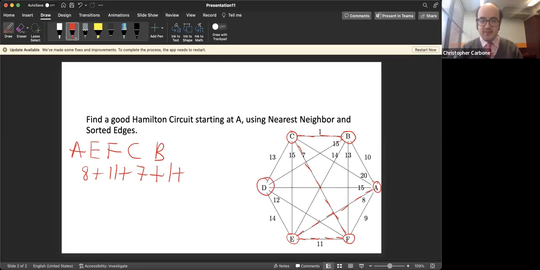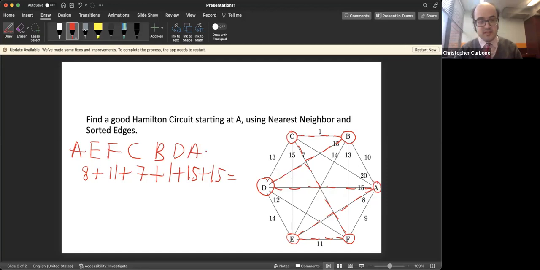And the only way that can be accomplished is going down this edge, which has a weight of 15. And then we have to go from that vertex, since we listed all the other ones, back to A. And that one also has a weight of 15.